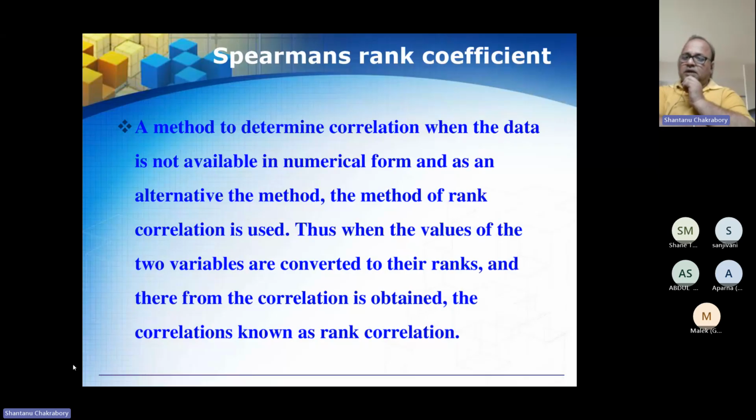The alternate method of ranking the data is using Spearman rank correlation. When the values of the two variables are converted to their ranks, and the correlation is obtained, it is known as rank correlation, right?